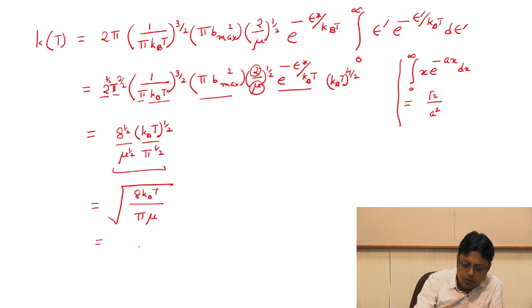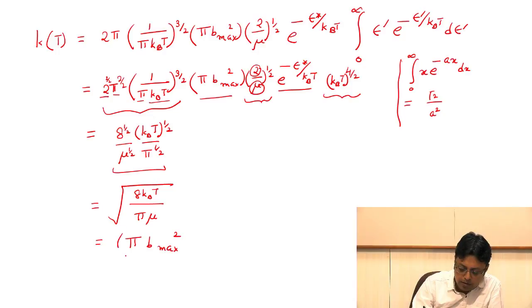So what do we get? All these terms actually rearrange to give you a v relative average, and what we get is pi b max squared times v relative average.